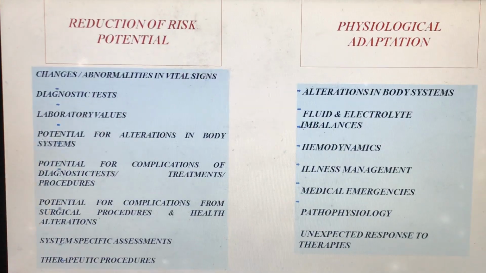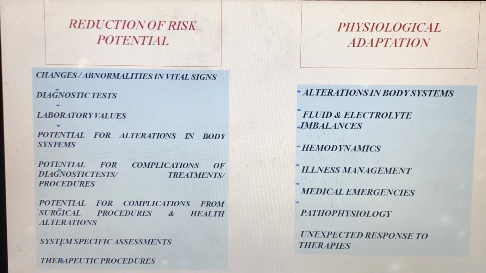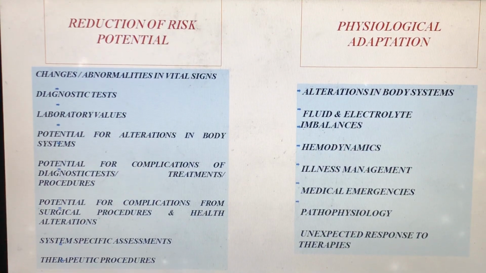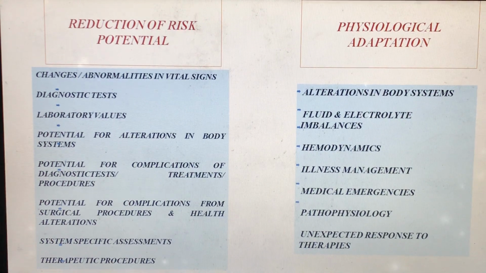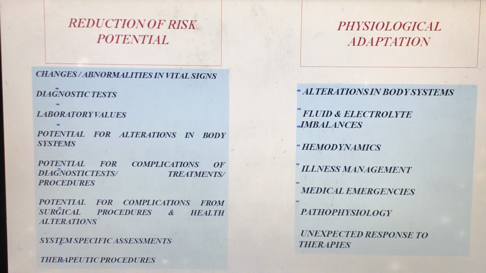Next we will move to reduction of risk potential. So what are the measures we should take to reduce some of the problems that can happen in the hospital or client health settings, that is changes or abnormalities in vitals. When we are taking vital signs, for example, some patients suddenly develop tachycardia or bradycardia.